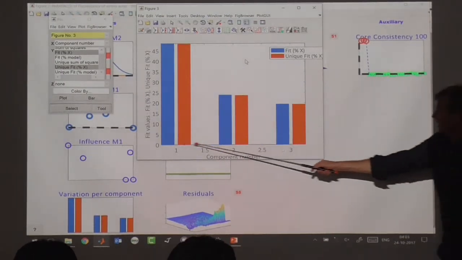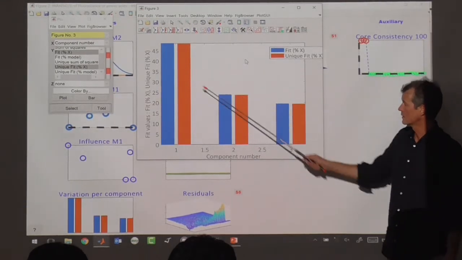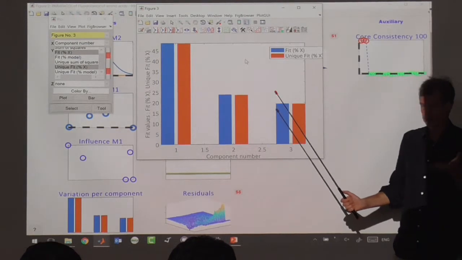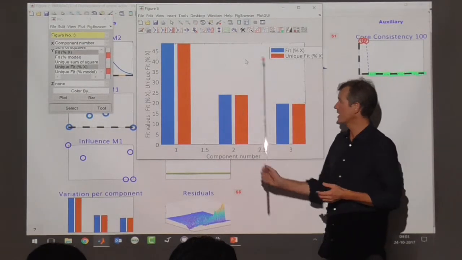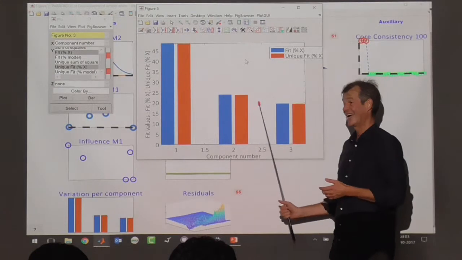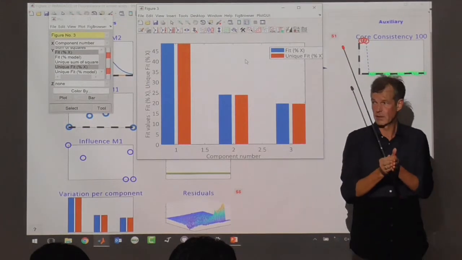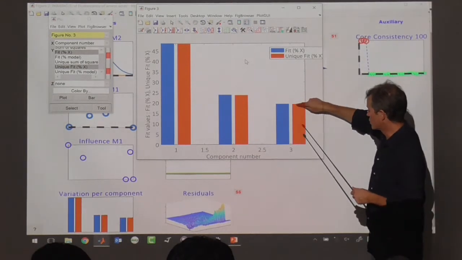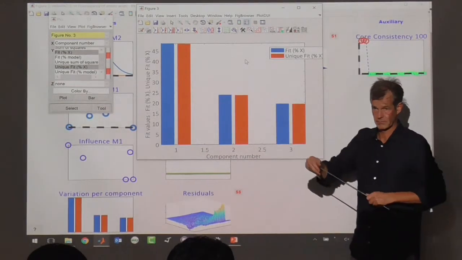So this is the variance of component 1, component 2, and component 3. And they don't add up. So I can just look at them. But I also plotted the unique variance. And you can see they're very similar, which is often the case, but it doesn't have to be. And the red one is smaller than the other one.